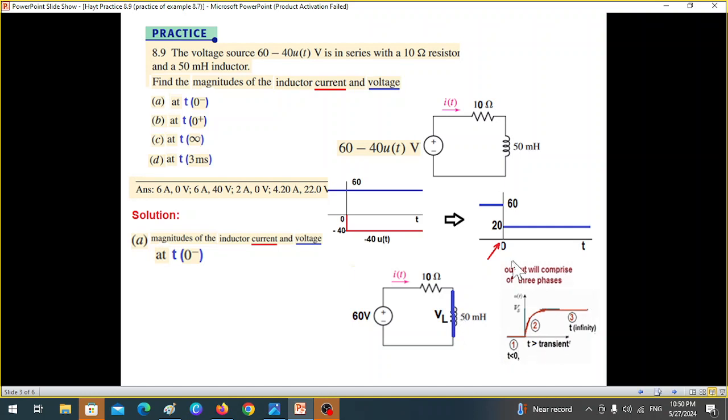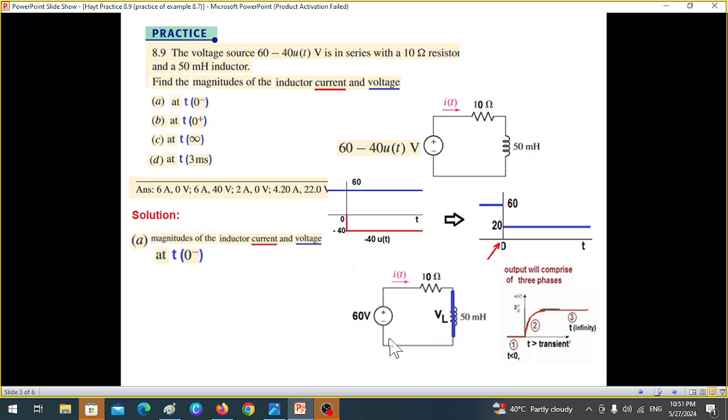Just for your knowledge, this is from another video, and this is for capacitor charging, but I want to give you the concept of t less than 0. So t less than 0 is steady state. From t greater than 0 up to some point, which is up to 5 tau, the circuit remains in transient state, and then it becomes steady state. So the steady state condition is called the t infinity state. Okay, so back to this.